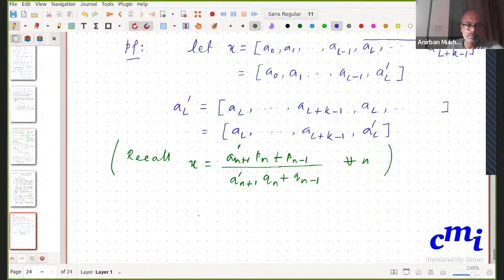So using this fact, a_L dash is equal to, so this formula has just the previous two: if you have the (n+1)th complete quotient, then you have the nth and here (n-1).